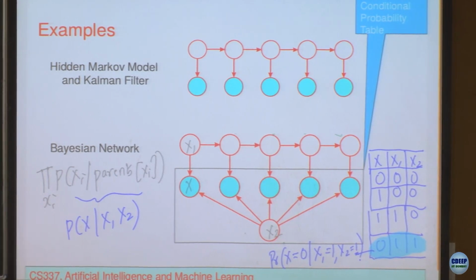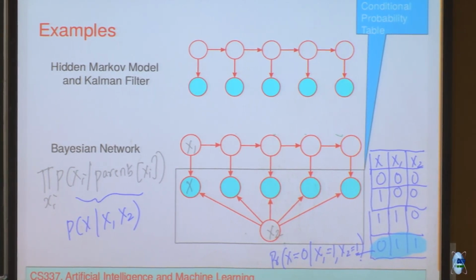This is called the probability associated with this configuration. So now if you add one more column, you will get a conditional probability table. You will have to associate probabilities for every row. It is a simple thing, it just has a name.